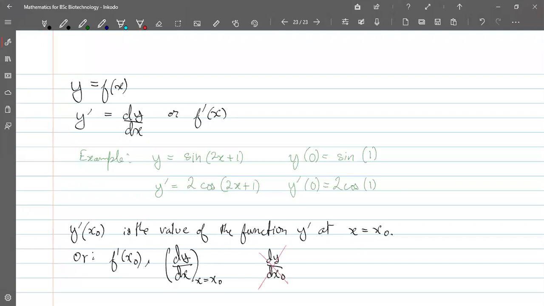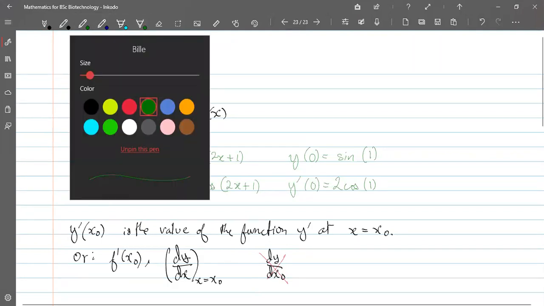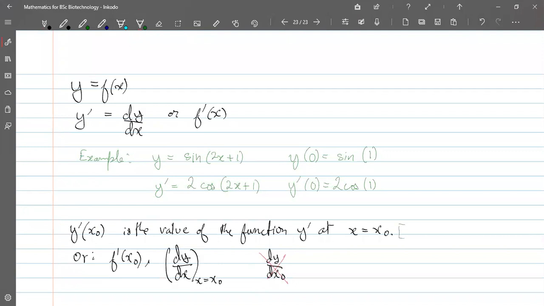The meaning of this would be that you're differentiating y with respect to x naught, but x naught is a particular value, so you cannot differentiate anything with respect to a constant. You can only differentiate with respect to a variable.